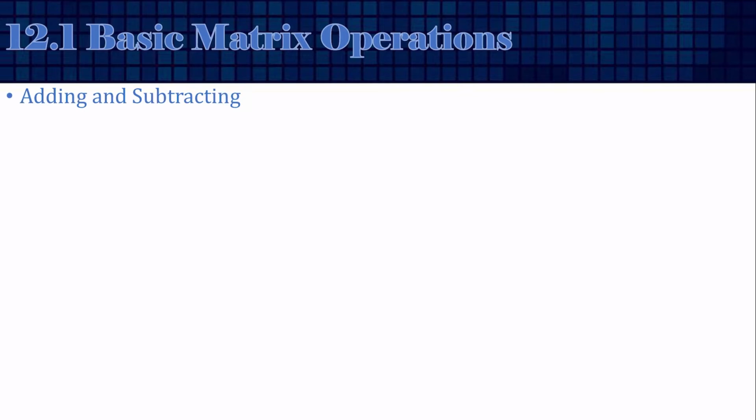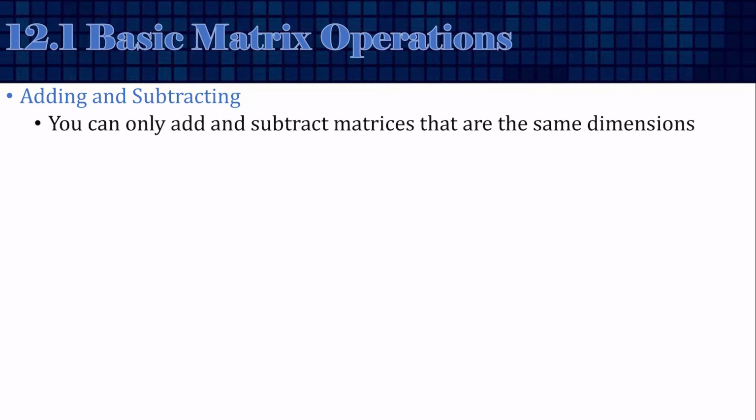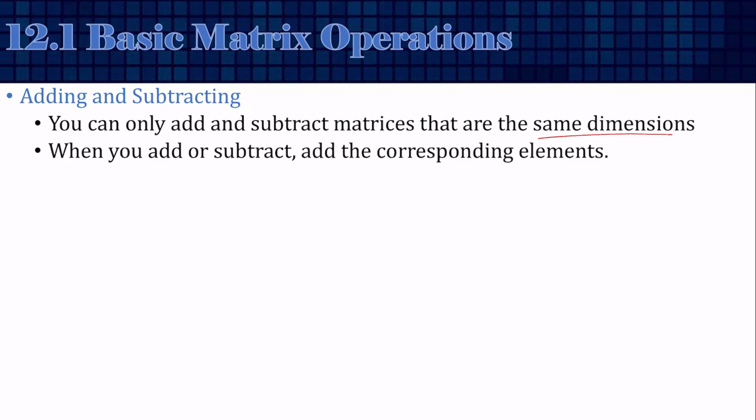You can add and subtract matrices only if they are the same dimensions. When you add or subtract, you simply add or subtract the corresponding elements. For example, I would add the top left with the top left. So 1 plus negative 2 is negative 1.